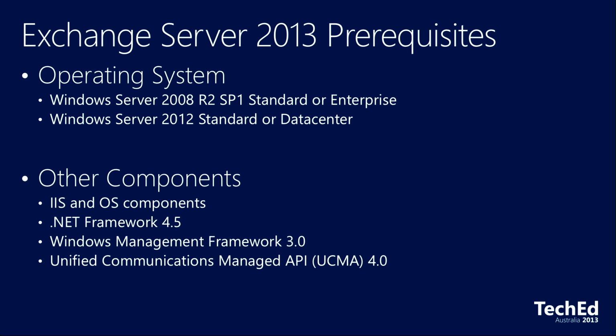So that's fewer things you have to download, fewer things you need to install, and so forth. And of course, it's the latest code with the latest bug fixes, the latest performance enhancements, and the latest features. And there are, in fact, some Windows Server 2012 features that Exchange does support as well. So you will get a better experience with that, but we do still support Windows 2008 R2 with SP1 or later.